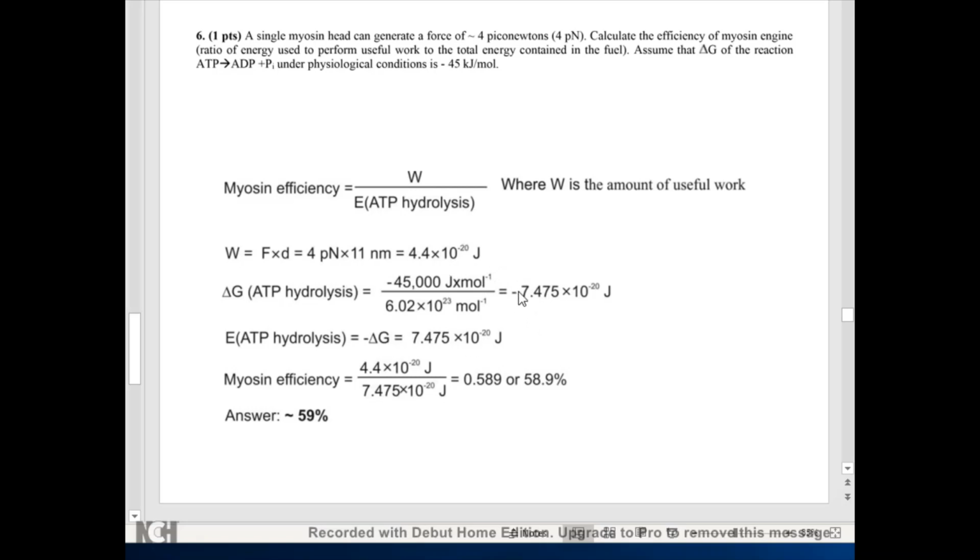And I convert this number to positive because efficiency cannot be negative. So this is the energy for ATP hydrolysis, the available energy. It's a positive number now. And then the myosin efficiency equals about 58.9%. This is the answer.